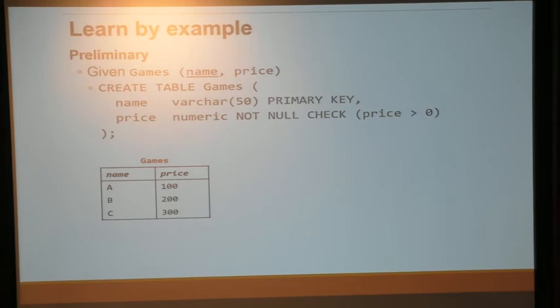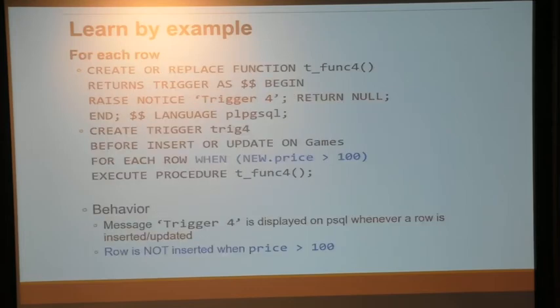Okay, so first example is there's a condition attached. The condition attached is that I will only perform the trigger, I will only perform this procedure, if the new price is greater than 100. Okay?